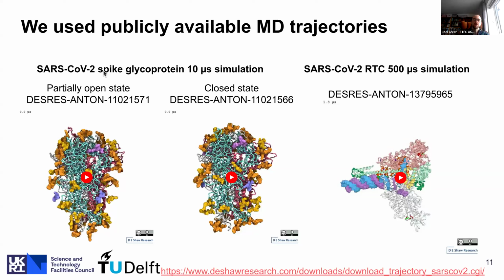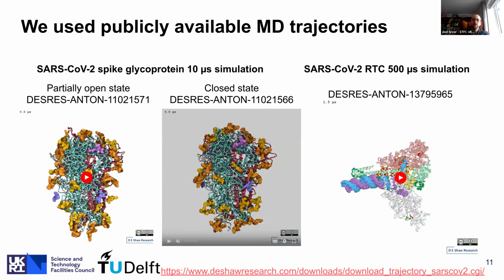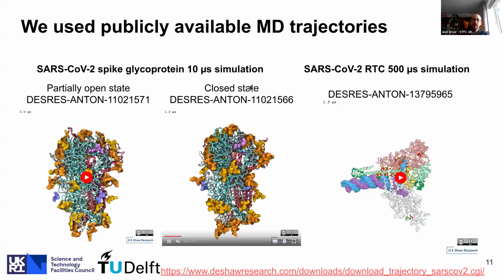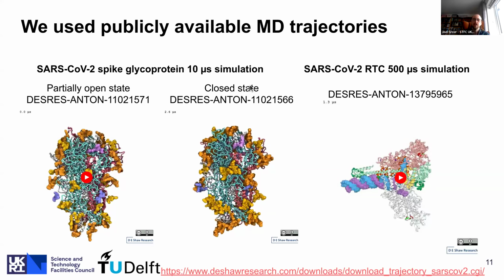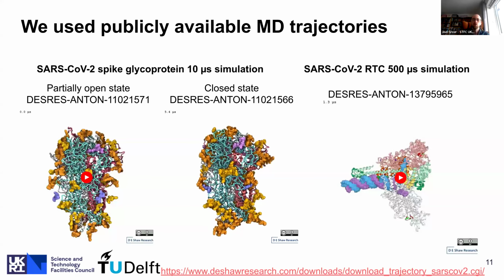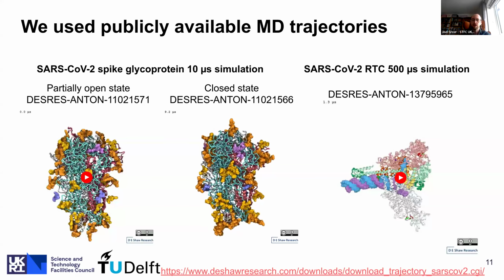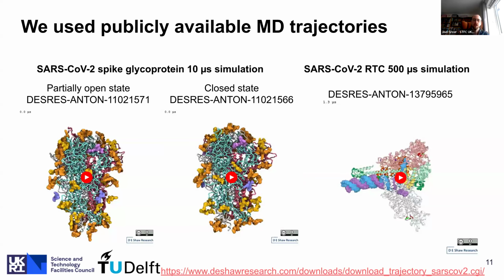We also choose the closed spike trimer glycoprotein. This then allows us to investigate how conformational heterogeneity can be encoded at the domain scale, particularly with relation to the partially open COVID spike trimer simulation. So essentially that gives us two discrete states that we can investigate the encoding of heterogeneity for.